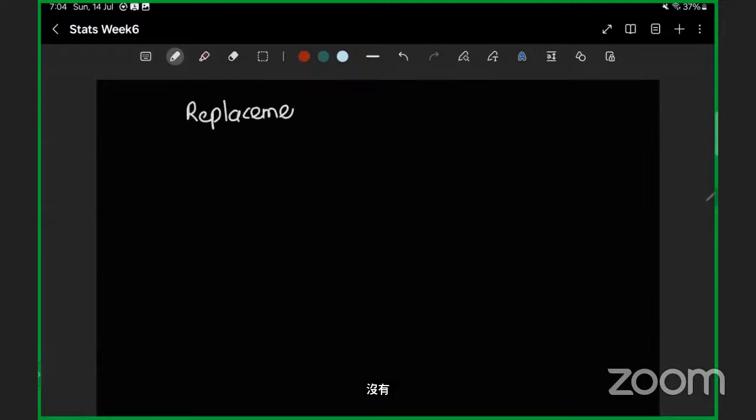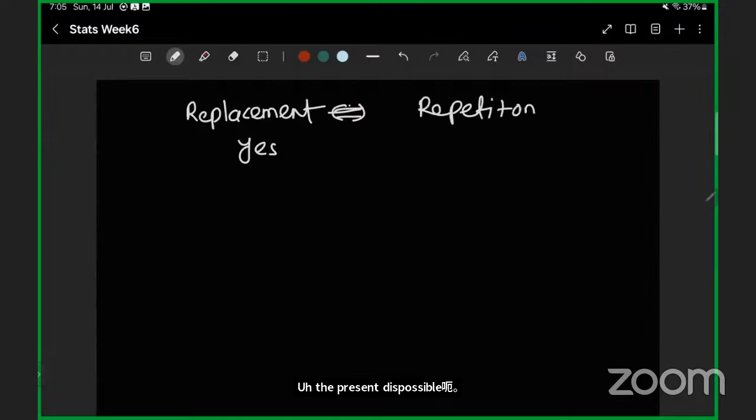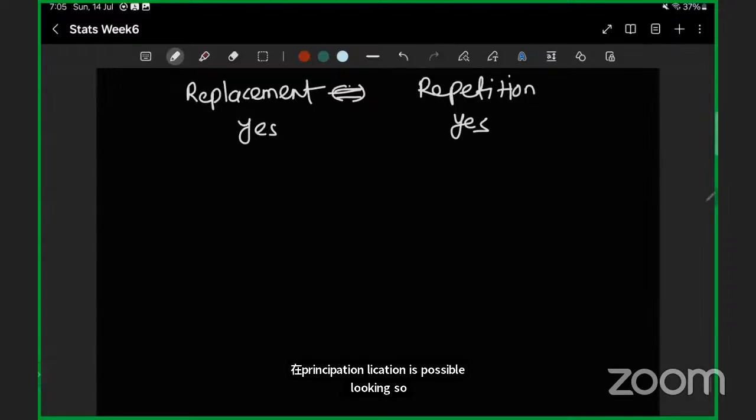Okay, so replacement means that replacement is possible. That means repetition, right? Repetition is possible. Let me explain. Let's say the question has the numbers 8, 9, 10, and 11.